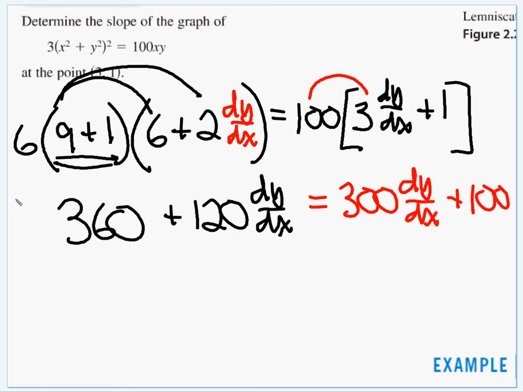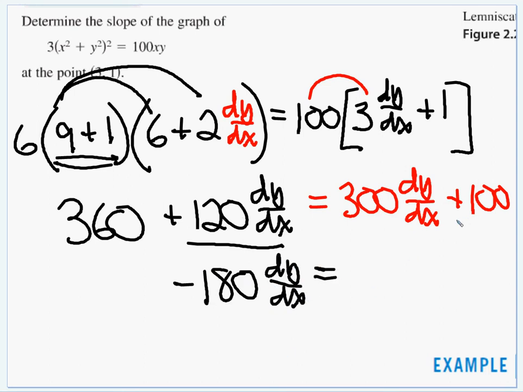Okay. Now, I still want to keep my dy dx's on the left, so here we have 120. We're going to minus 300. 120 minus 300, that's a negative 180 dy dx is equal to, on the right, we had 100. We're going to subtract 360, so that is a negative 260.